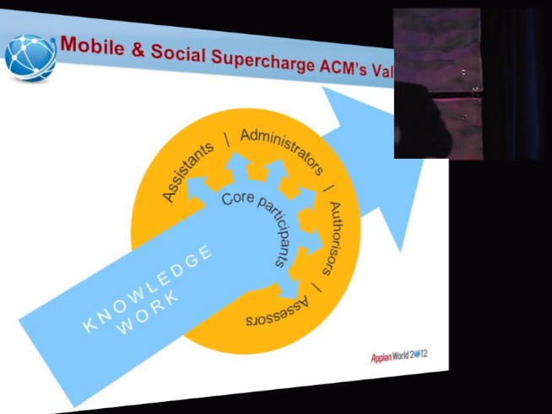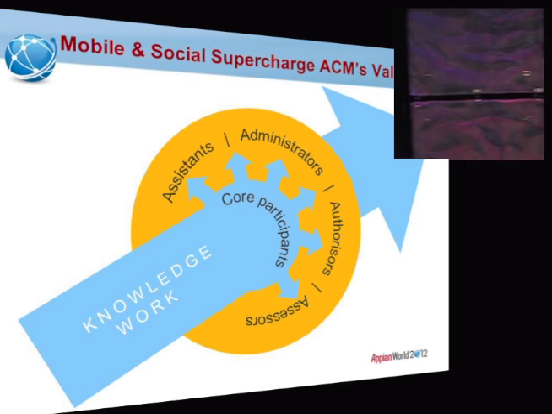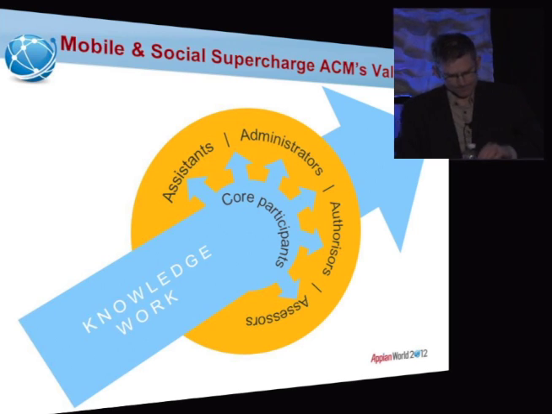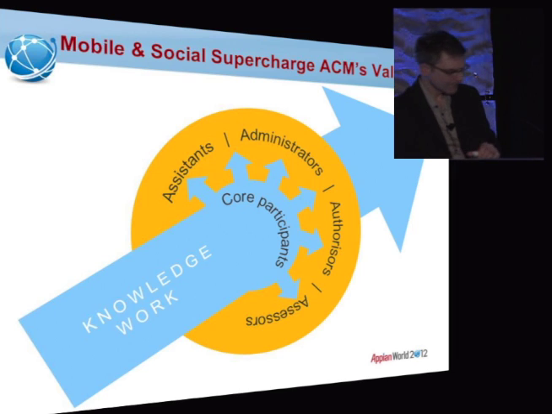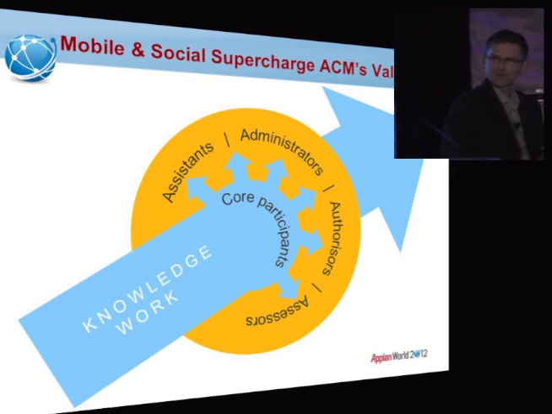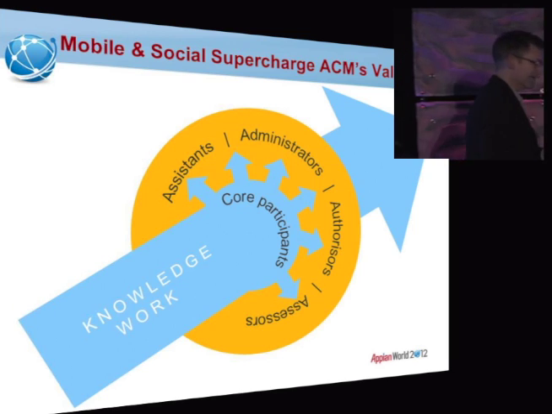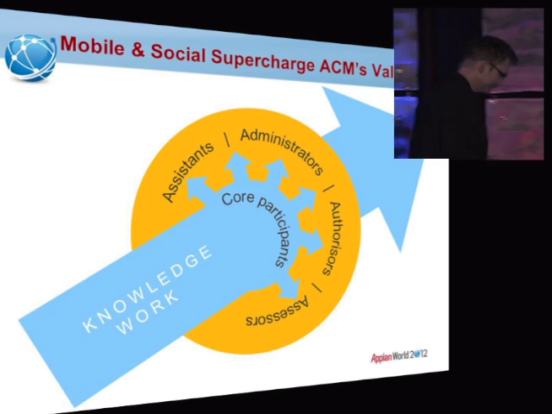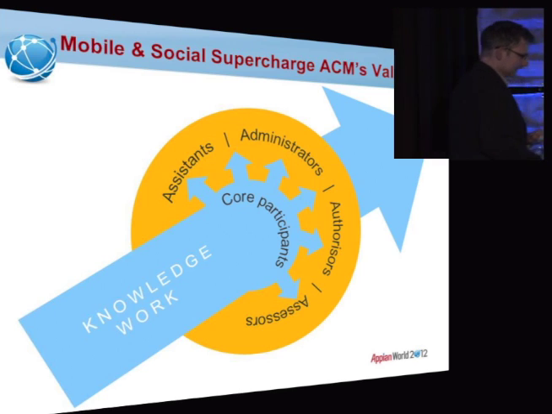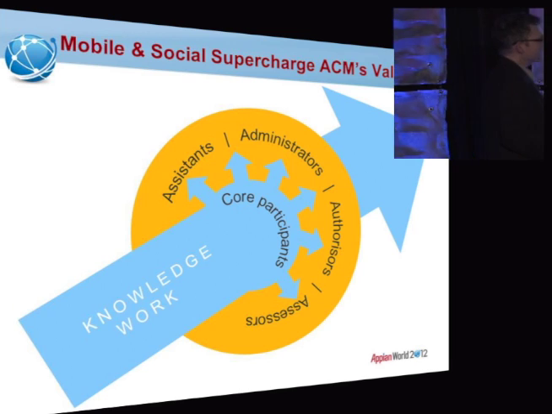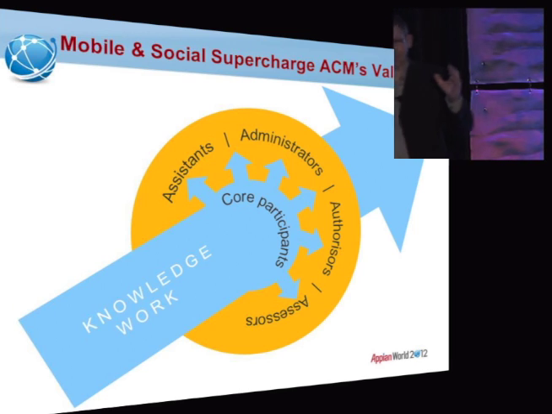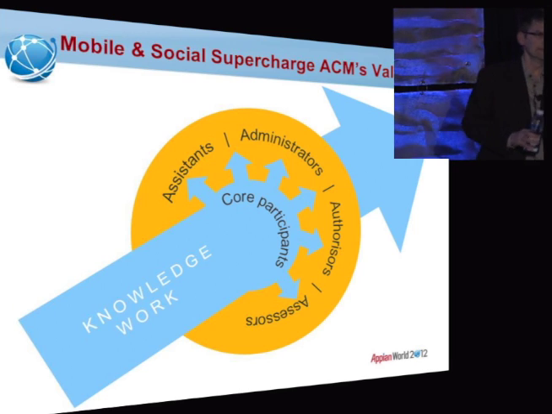So now let's talk about mobile and social quickly. I've got a bit of a problem. And I'm probably going to make some Appian people quite nervous for a few seconds here. I've got a bit of a problem with social. And the problem I've got is about a particular take on why social is important.